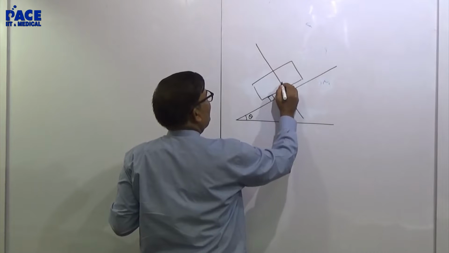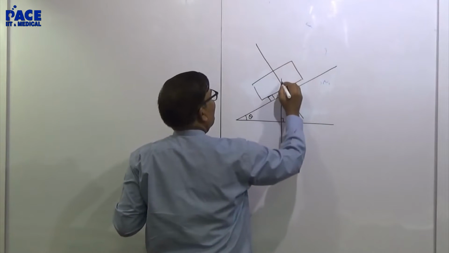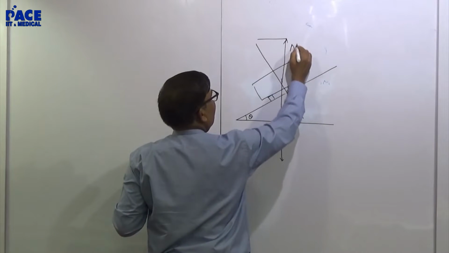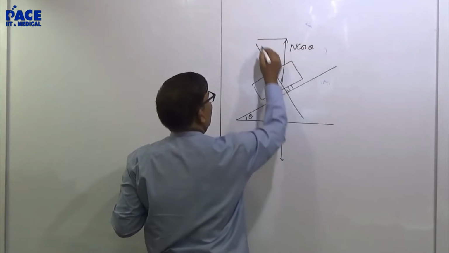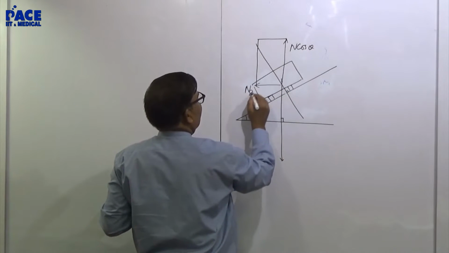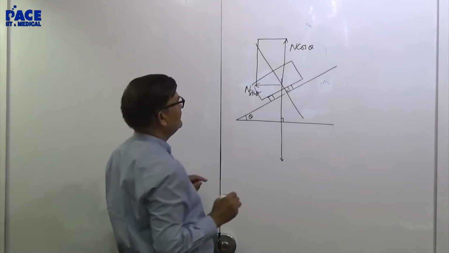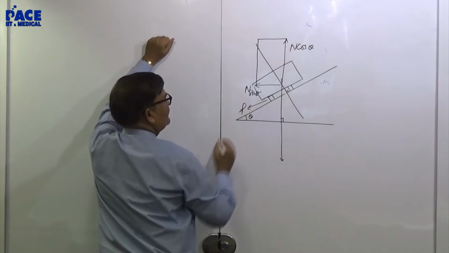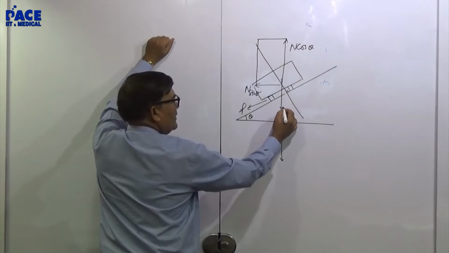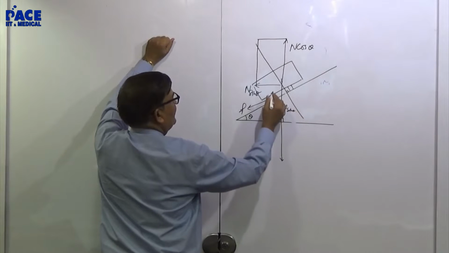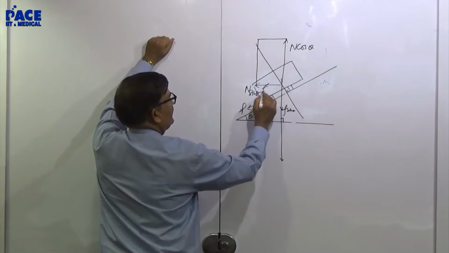Then when you are resolving it, so N cos theta, N sin theta. Then the frictional force F: F sin theta and F cos theta.